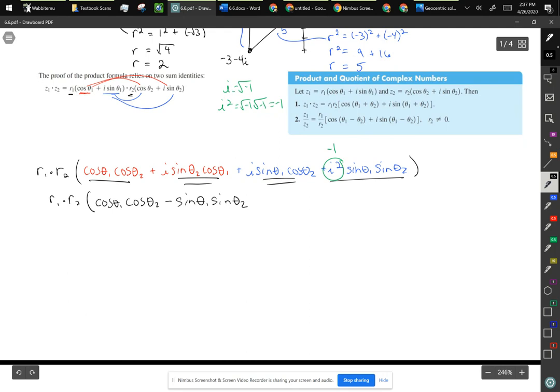So those are this and this put together. Now I'm going to take this and put it in, but I'm going to factor out that I. So plus I times sine theta 2 cosine theta 1. Again, factoring out the I. So plus sine theta 1 cosine theta 2.